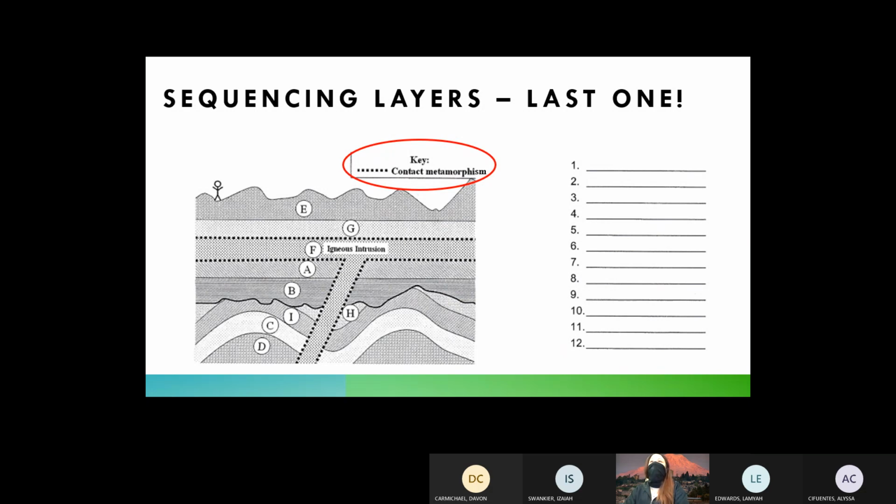What's that? Layer F? Oh, oldest to newest. Yep, always. Oldest to newest. Now I got it stuck in your head, huh?